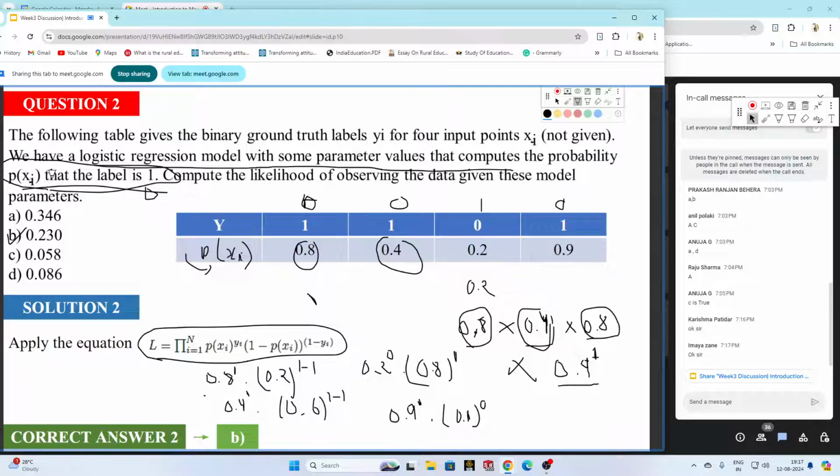The probability is already calculated by our logistic regression model. If our probability is not calculated, then we have to calculate it with our logistic regression model first, and then solve for the likelihood of that model.